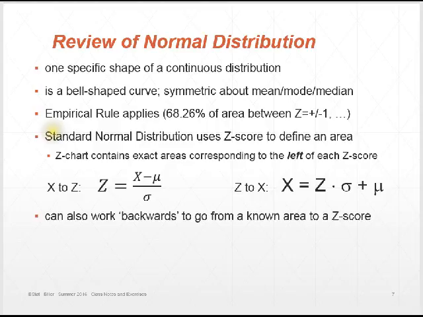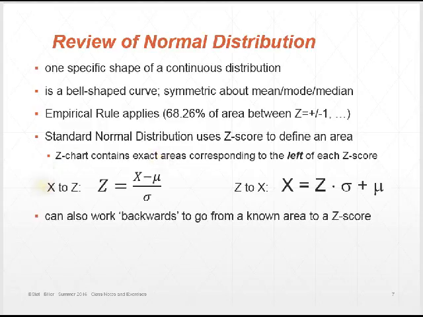We can take a normal distribution and convert it to a standard normal distribution by converting an x value from the original normal distribution to a z value. And once we have that z value, we can then determine the exact areas corresponding to each z-score and compute the probabilities that we're looking for.